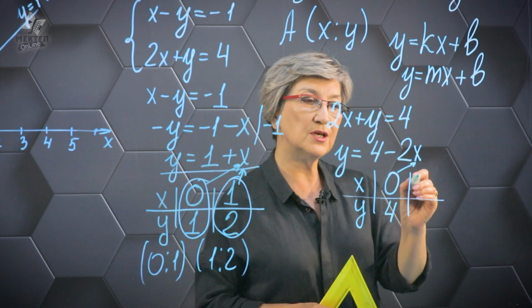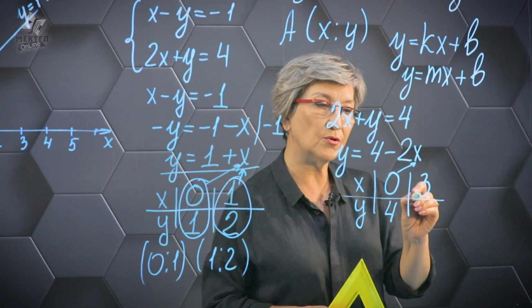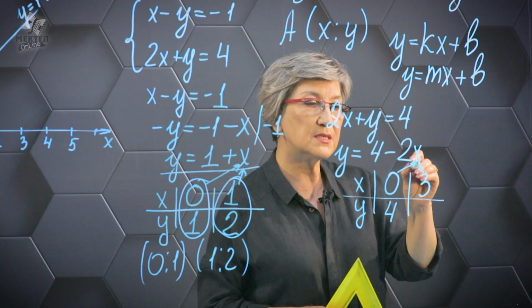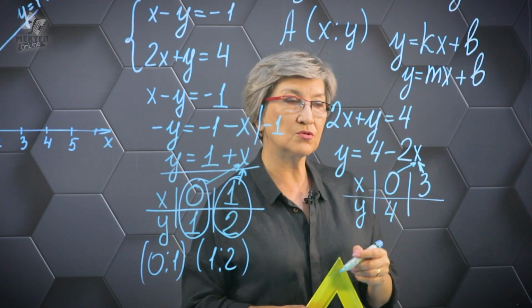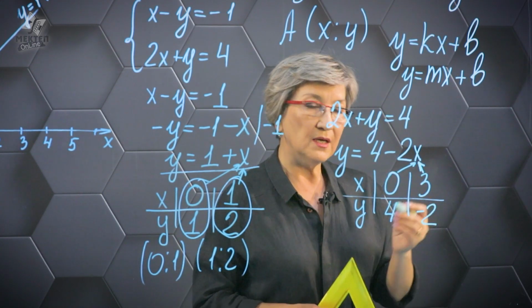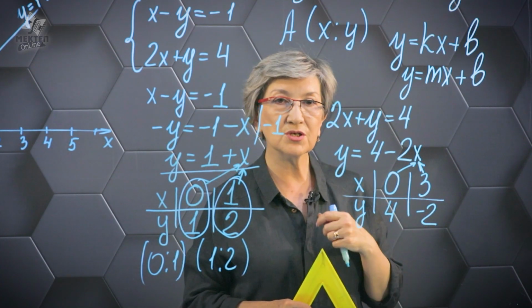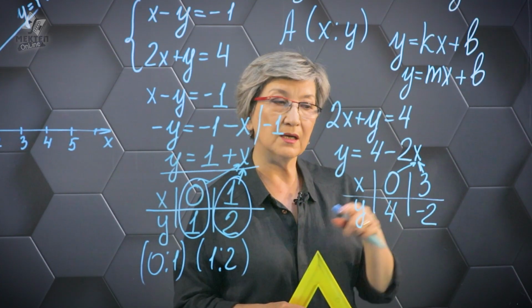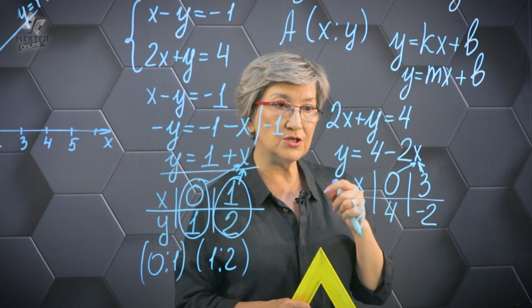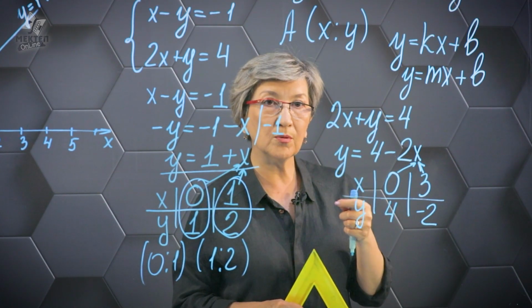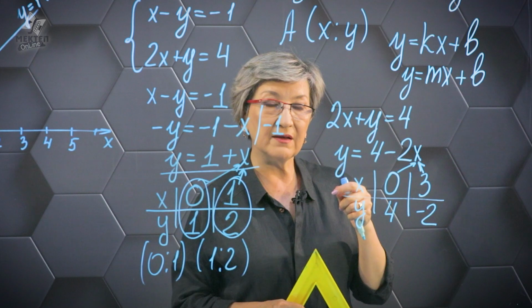Next, we will substitute 3 for x. Now we substitute this value. 4 minus 6 gives us negative 2. I want to emphasize again that you can choose any value for x. Any numbers are acceptable. Choose the ones that are easiest for you to use.